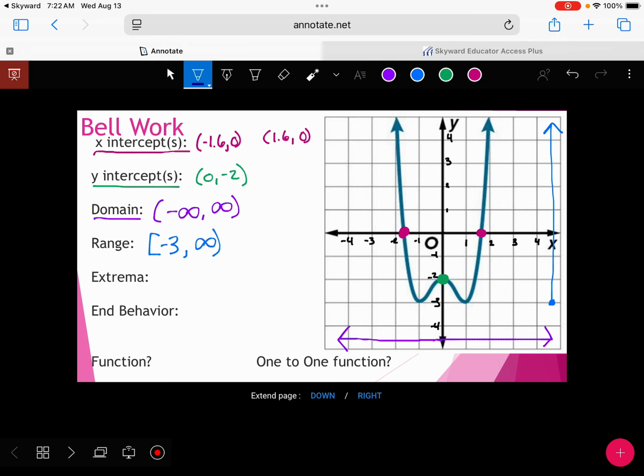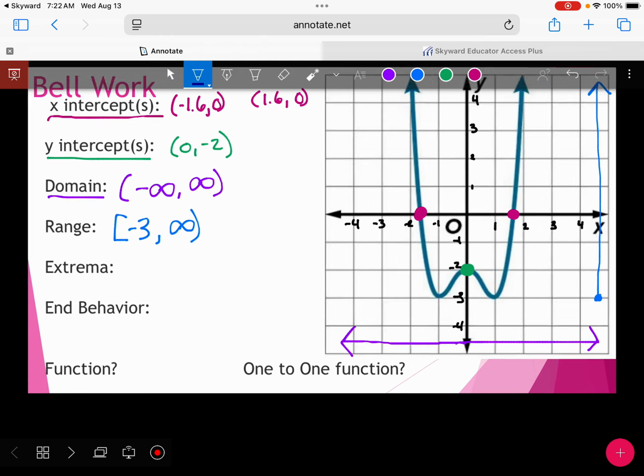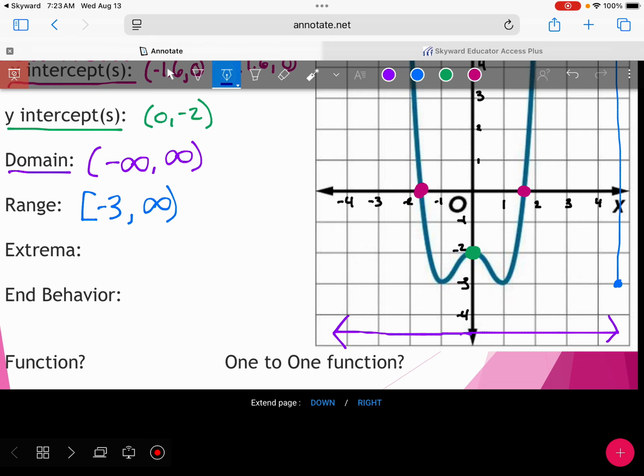What do we got? I actually already have one of them marked. I was going to say, we've got a little baby mountain right here. And we've already got the top of the little mountain marked. Our y-intercept is also a, what kind of point is that? It's on the top of the mountain.